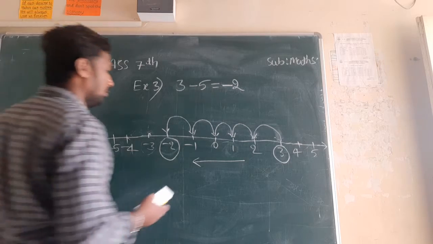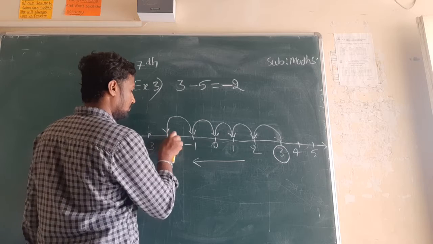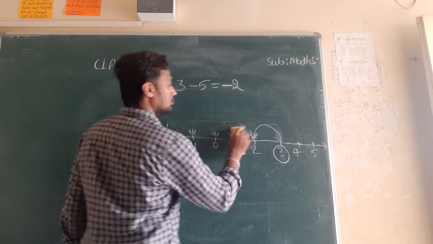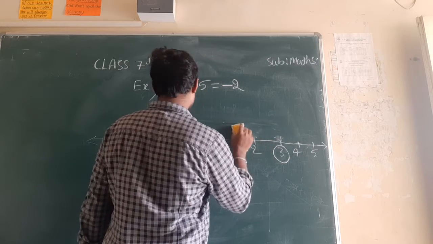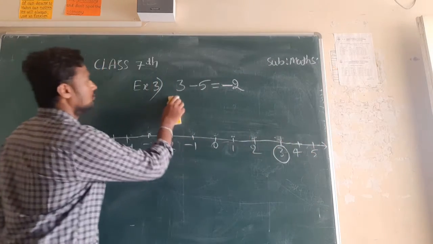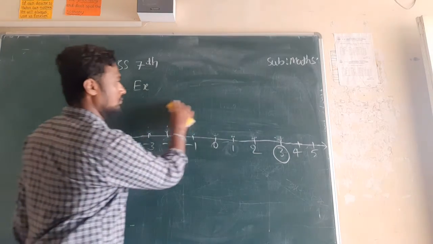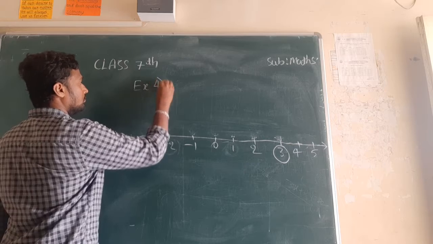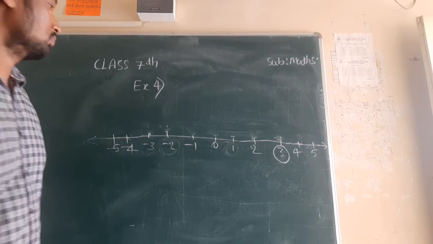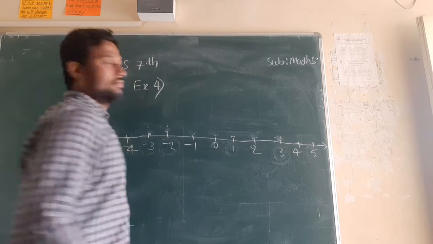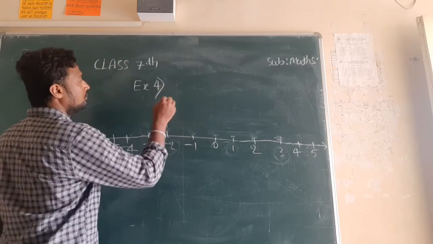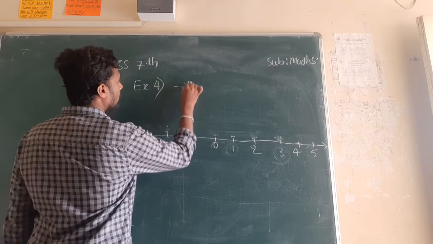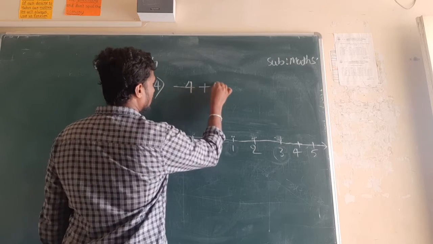Now I will consider one more example. Here minus 7, minus 4 plus 2.